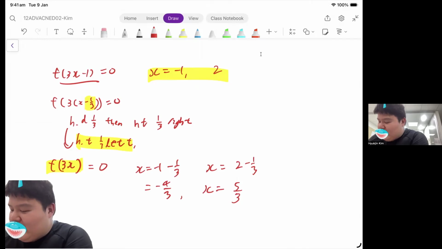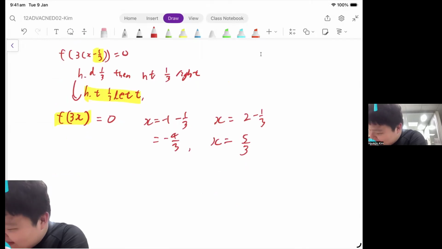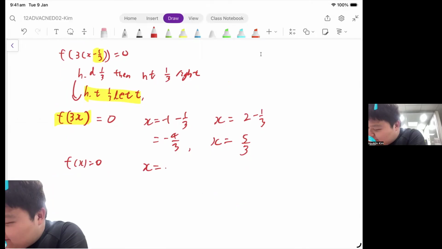Oh yeah, I haven't done that yet. Okay, I was like, that's a bit weird. Now I get f of x equals 3 is the same as x equals -4 and 5.